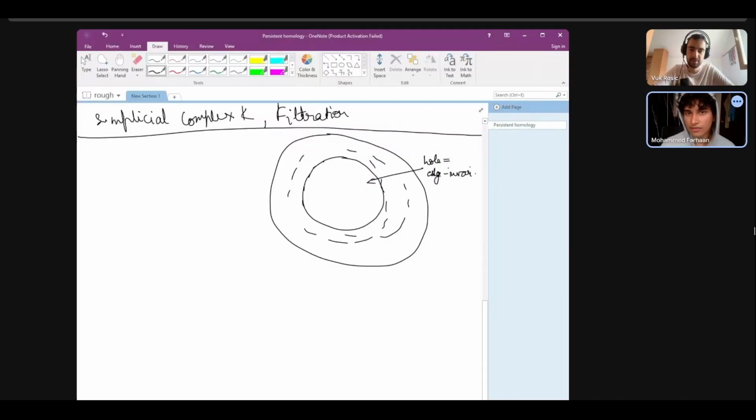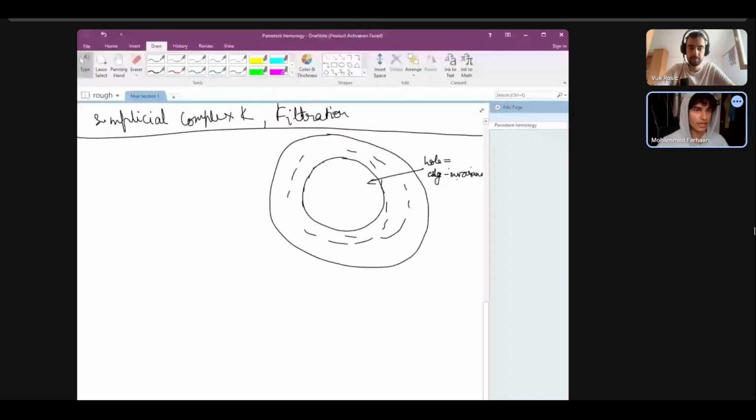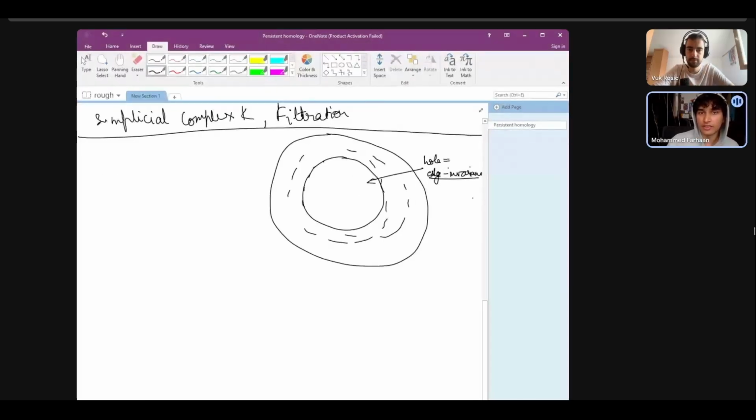So what we're doing is finding a way to detect said holes, or algebraic invariances.